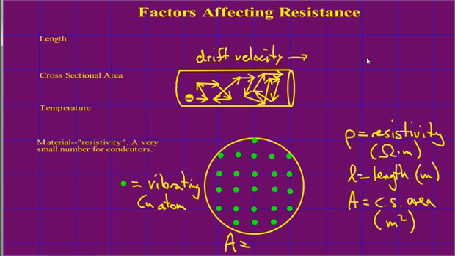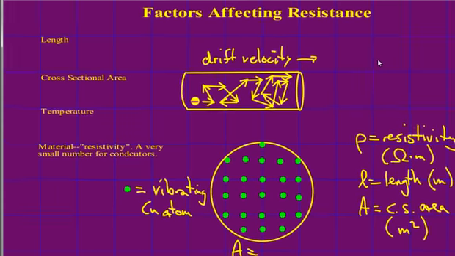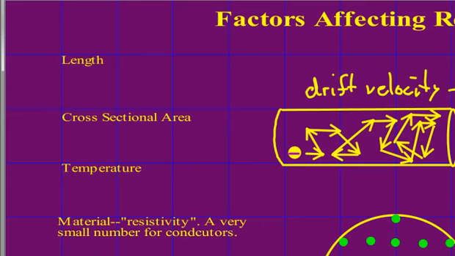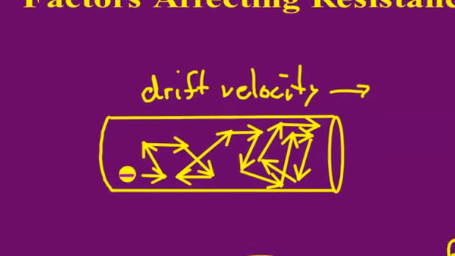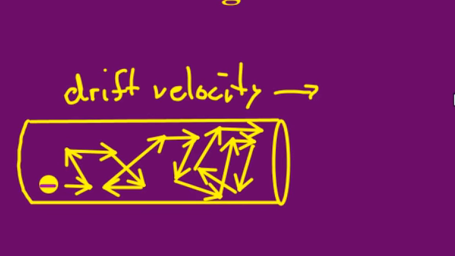You see the 4 here: length, cross-sectional area, temperature, and material. To understand how each of these variables affects resistance, it's helpful to have an accurate model of current flow through a circuit. So I've tried to illustrate that here in the middle. All right, we have an electron, a single electron right here. That's our electron. And the arrows represent the motion of the electron through the wire.